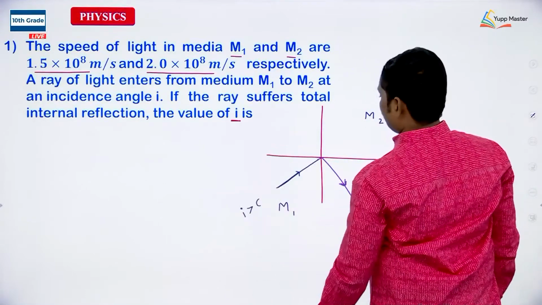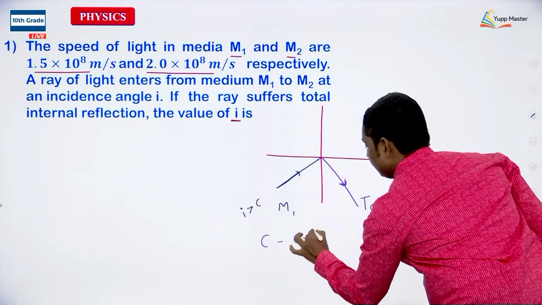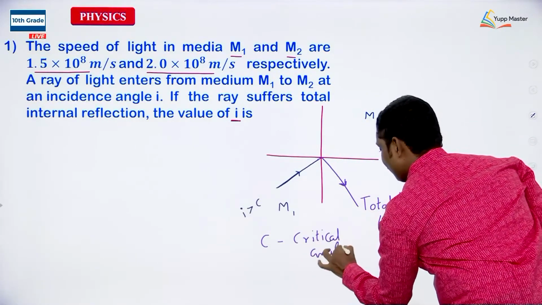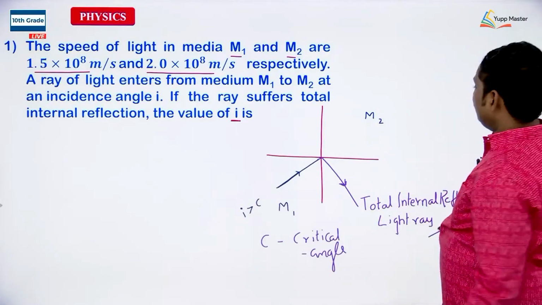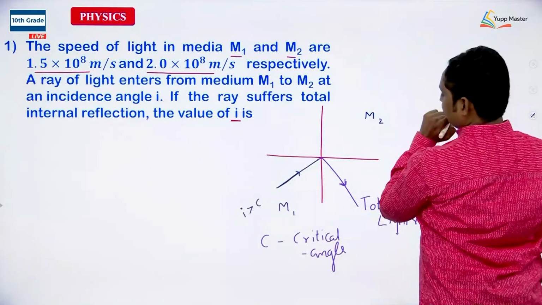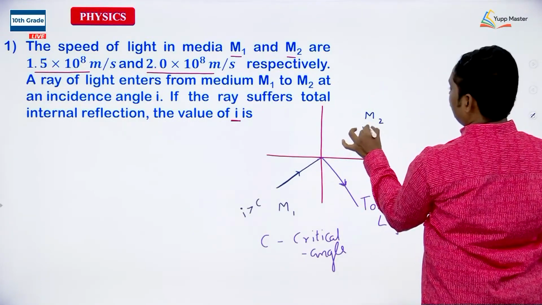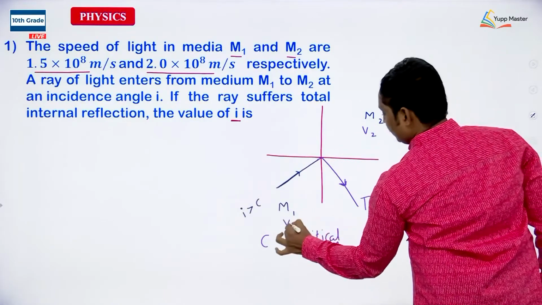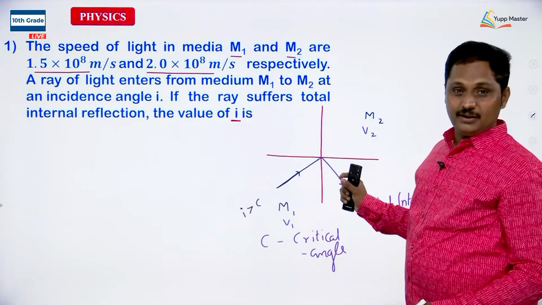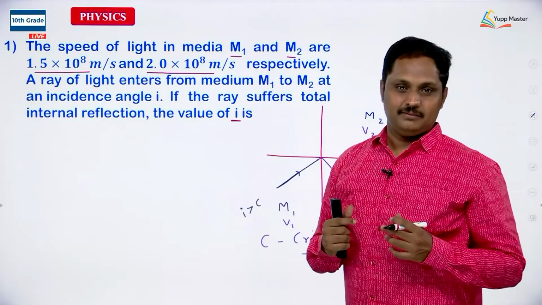Now, how will you find that critical angle? This is the case: that is V2, that is V1. We take V2 and V1 as the speed of light in the first and second media.